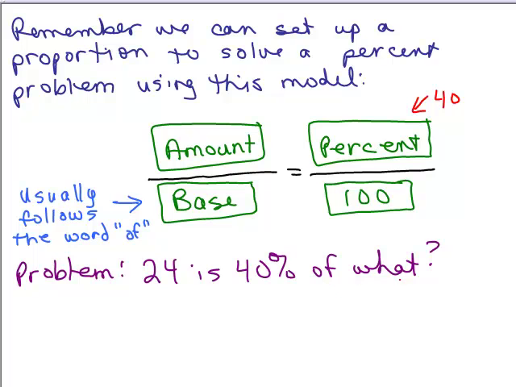So what follows the word of here? Of what? I don't know. So that's going to be a variable. I'm going to just use any letter, B, so remember I'm looking for the base. And the other number has to be the amount. So B is what's going to go in for the base, and 24 is going to go in for the amount.